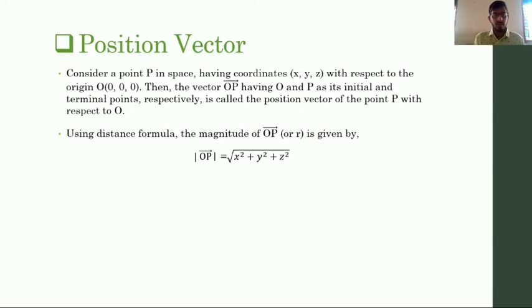Next, position vector. Consider a point P in space having coordinates x, y, z with respect to the origin O, whose coordinates are 0, 0, 0.